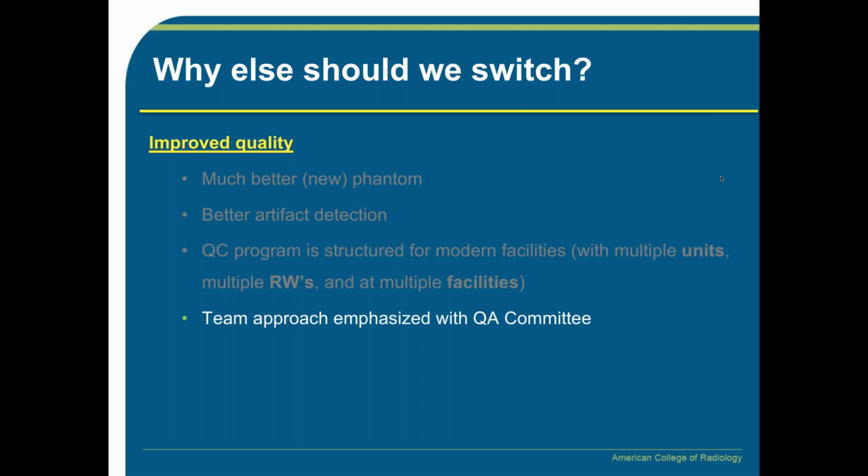We also have taken a team approach for a quality assurance committee that includes a tech, a radiologist, the management, and a medical physicist, to bring them together in various ways, which we'll get to, to make sure that everybody is more involved, more included, and more aware of what's going on at every level of the QC program, which enhances the end result of the QC program.